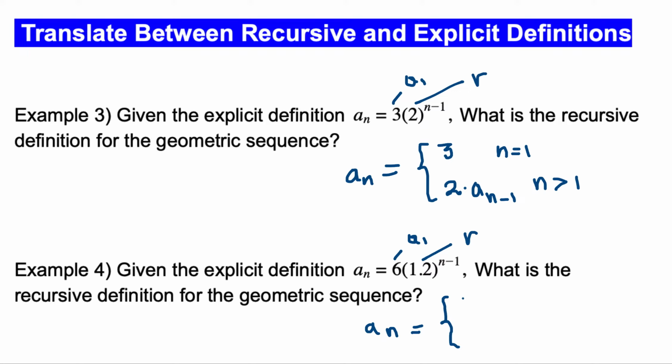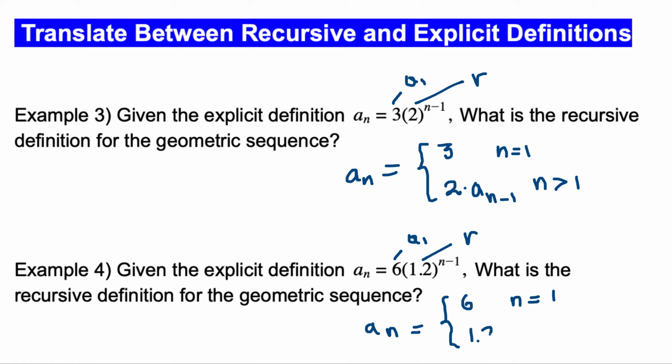Now the first term here is 6. When n is equal to 1, the first term, it means a1 is equal to 6. And now r is 1.2, because an is equal to r times the previous term.